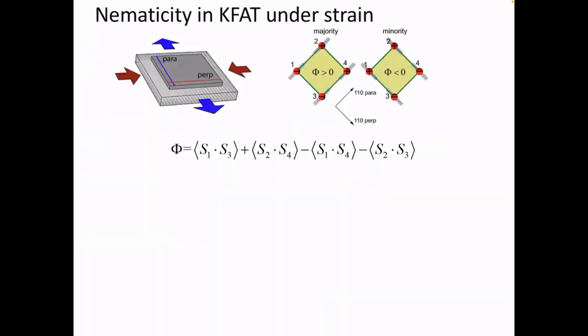So what is the understanding for this nematicity in this compound? A very simple way to look at this is to take a local spin approach and define this kind of order parameter for each of the iron 2x2 blocks. This is basically the same kind of approach taken for the iron-based superconductors, except that there you define it for the lattice rather than for a spin block. So depending on the spin configuration, you can have two kinds of stripe configuration. They correspond to this phi parameter being either larger or smaller than 0.